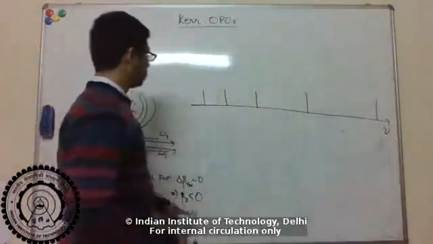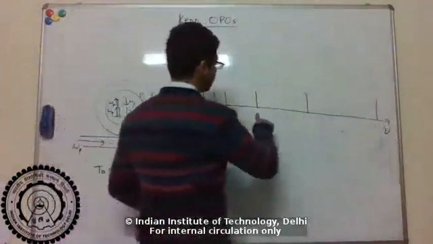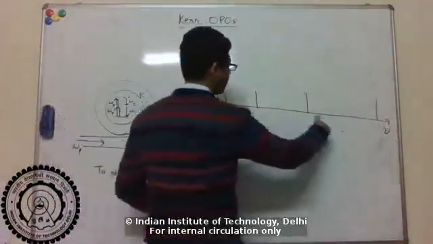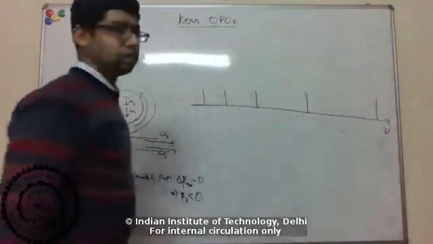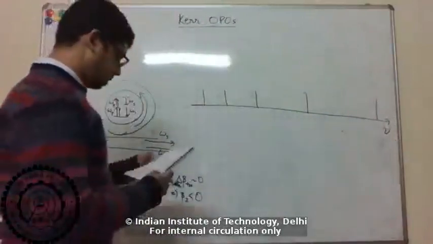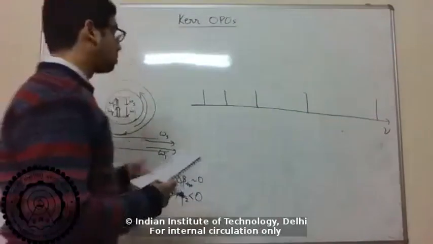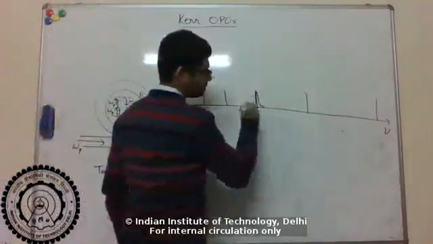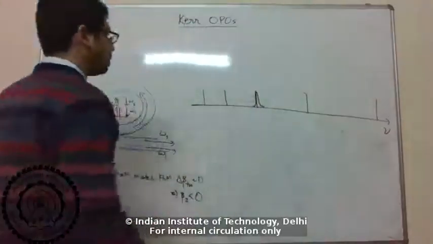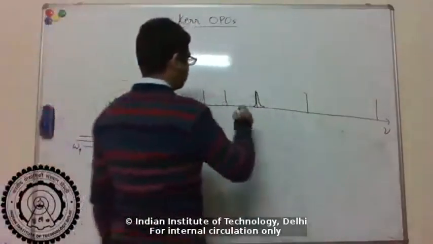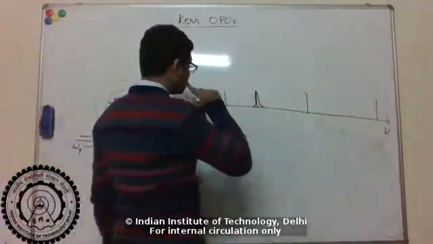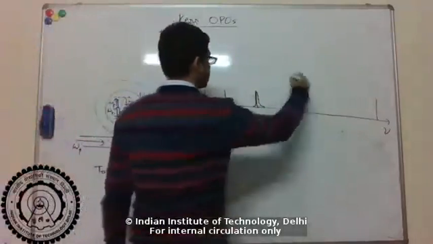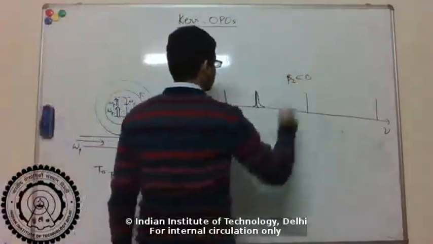If beta 2 is less than 0, then the resonance spacing, or the FSR, increases with frequency. Of course, each of these has a particular line width, given by the Q factor or the finesse. But yeah, so the problem is.